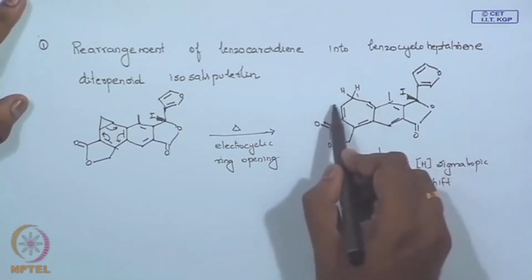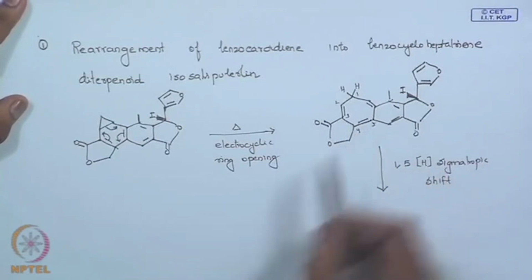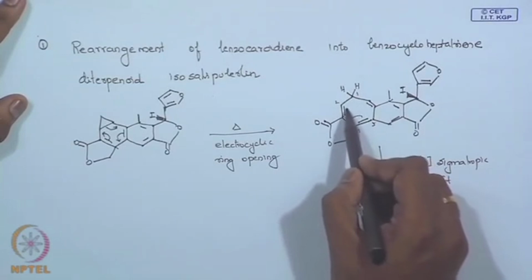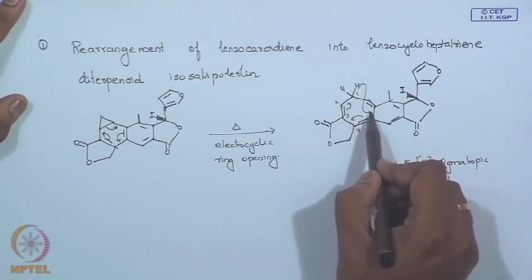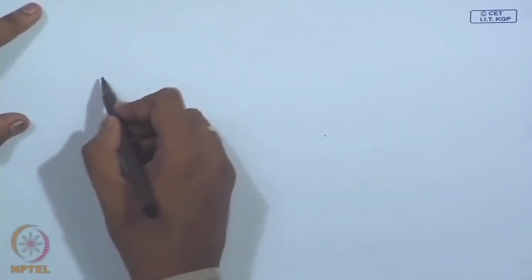So 1, 2, 3, 4, 5. I can push this and my hydrogen will be here. Clear? So can we draw the structure again? We'll take the nucleus and draw the structure. So I will get my product.